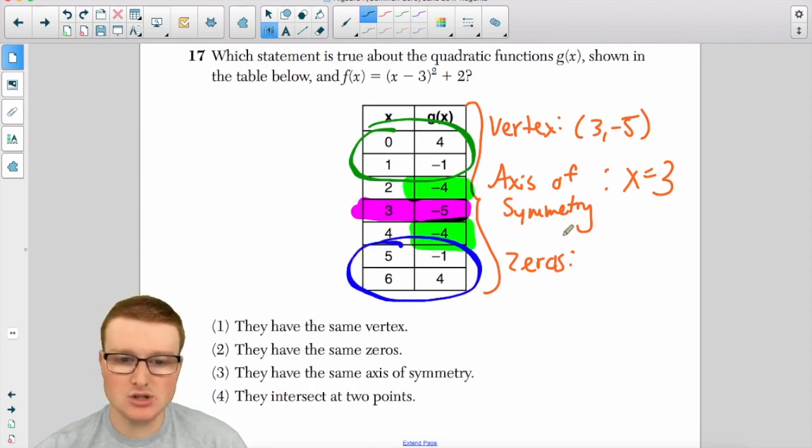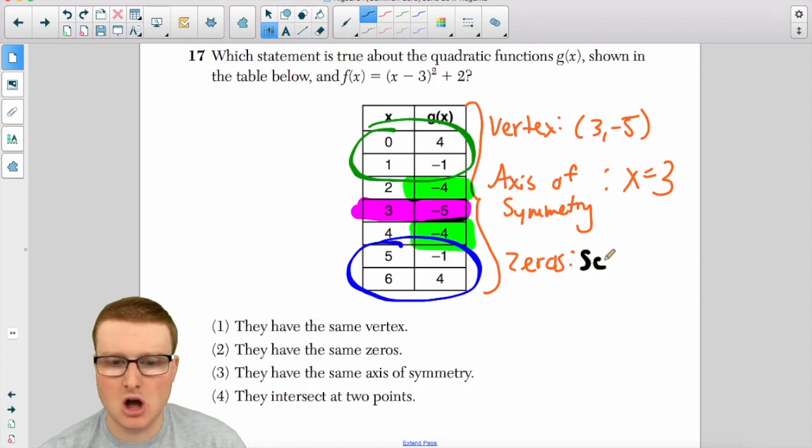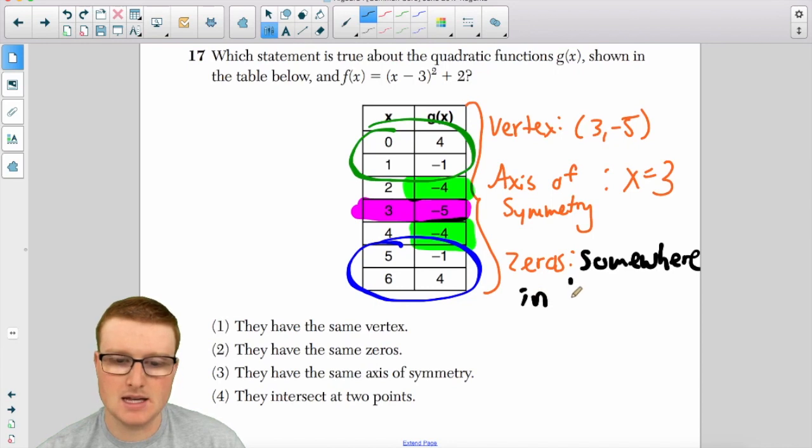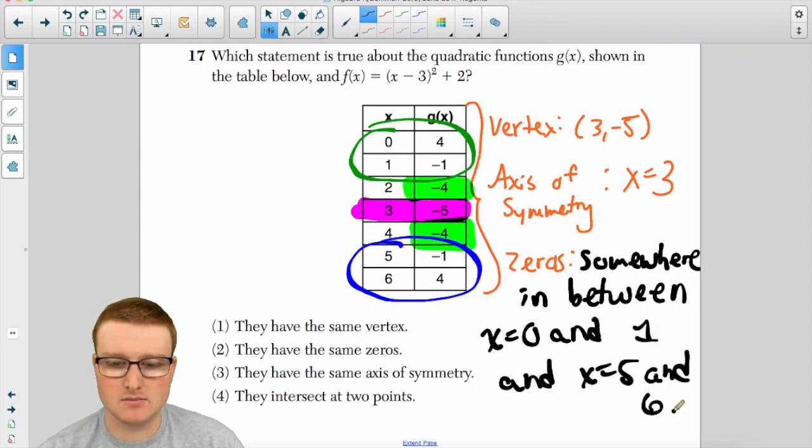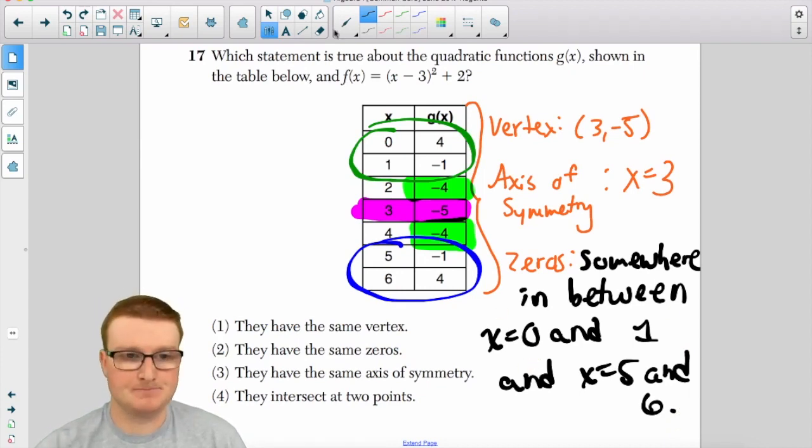So I'm going to say that the zeros are somewhere in between x equals 0 and 1, and x equals 5 and 6. Somewhere in between there. And that's about it that we can pull from this information.